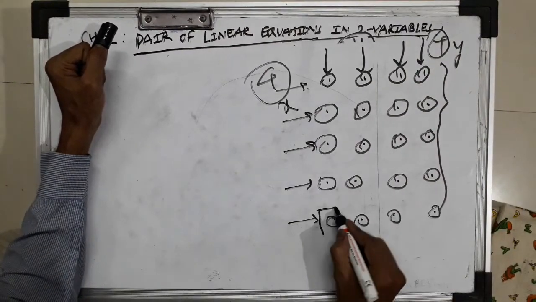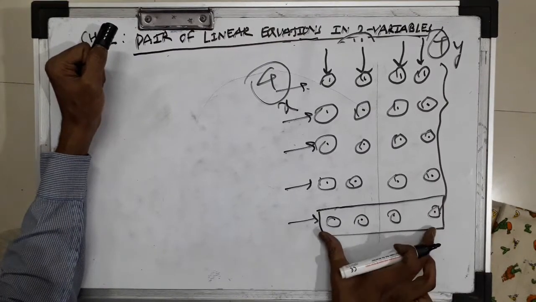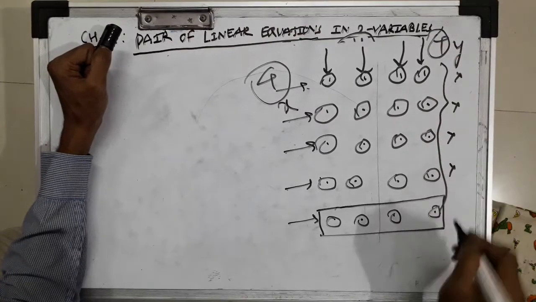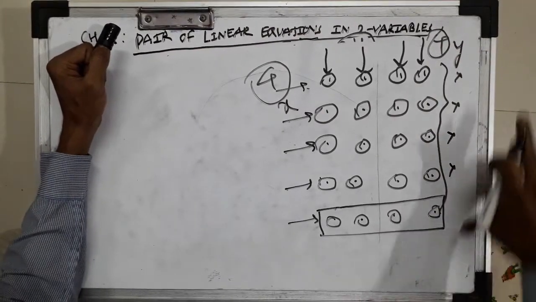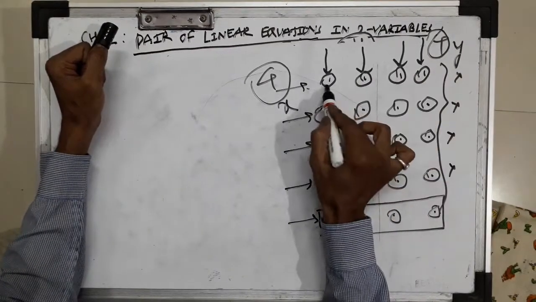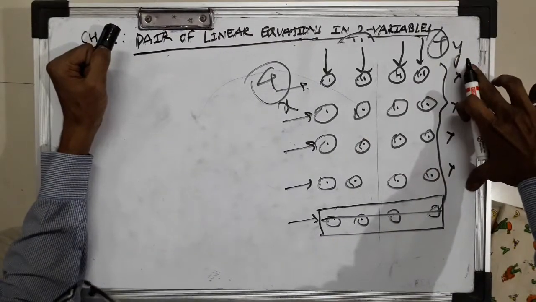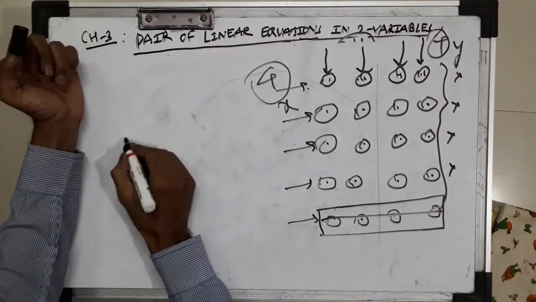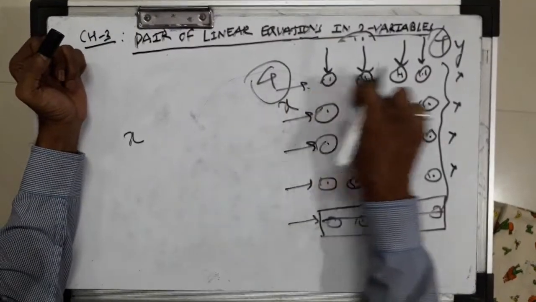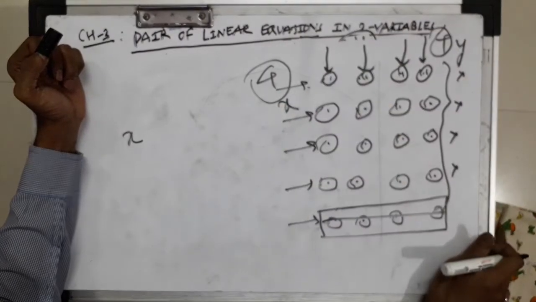If number of rows is reduced by 1, we are reducing this one. Now these 4 students are adjusted over here. If one row is reduced, now the number of columns increases by 1, because previously 1, 2, 3, one more, and after removing this one we can get one more here, right? The number of rows and the number of students in each row, that product will give the total number of students, right?